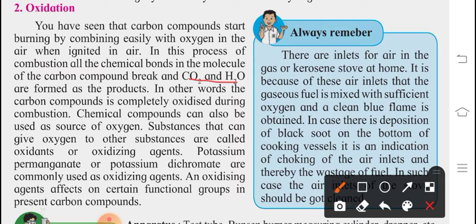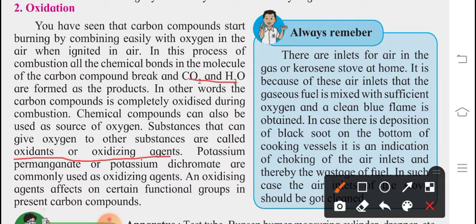In other words, the carbon compound is completely oxidized during combustion. Chemical compounds can also be used as a source of oxygen. Substances that can give oxygen to other substances are called oxidants or oxidizing agents.